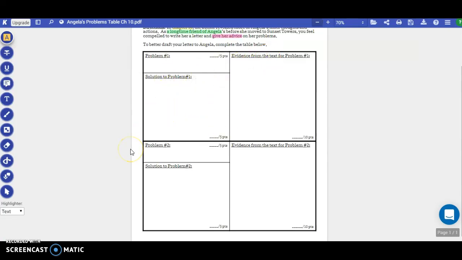And the same for problem 2. So the problem, the evidence from the text, and the solution. Notice that textual evidence is worth more points than just identifying the problem and giving me a solution. So that probably means that we're going to need to go back and look at the text.